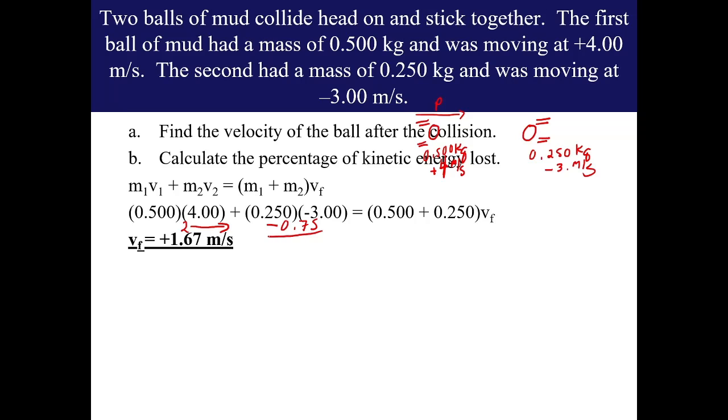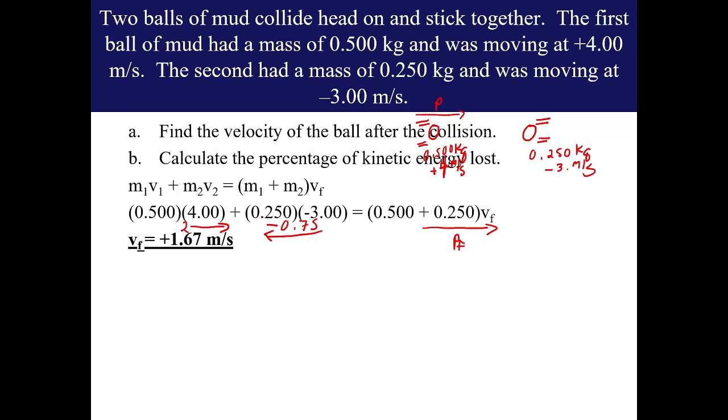And that's in the negative direction. So the initial momentum, 2, is bigger than the negative 0.75. It's going to win. Overall, the final momentum, when they've stuck together, has to be in the positive direction. And with that speed of positive 1.67, it will be.